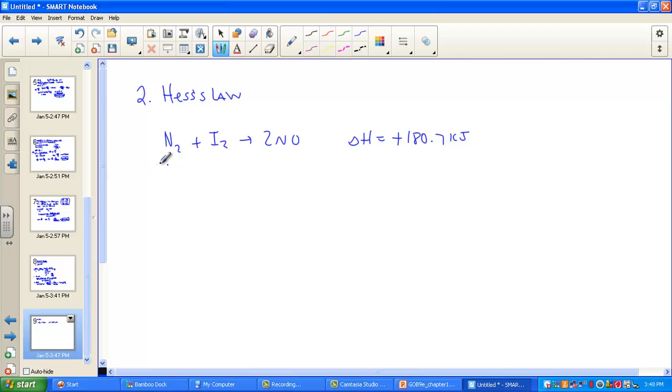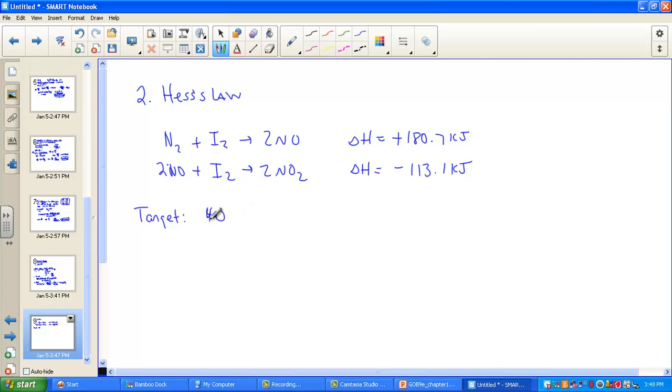A second elementary reaction gives us 2 units of NO, plus O2, and it goes on to 2 units of NO2. And its delta H, heat of reaction, or enthalpy, is -113.1 kilojoules, an exothermic value.